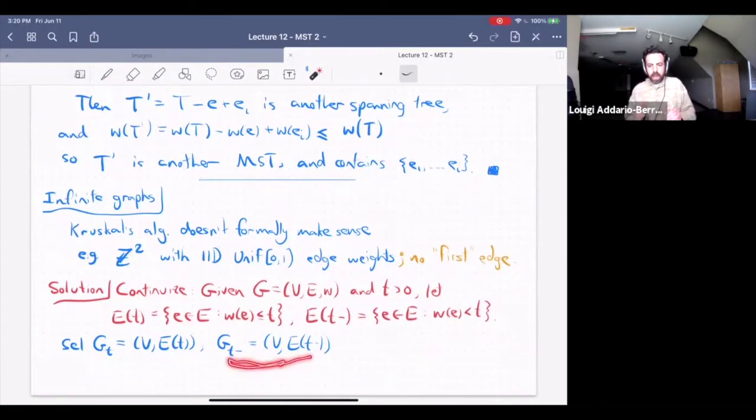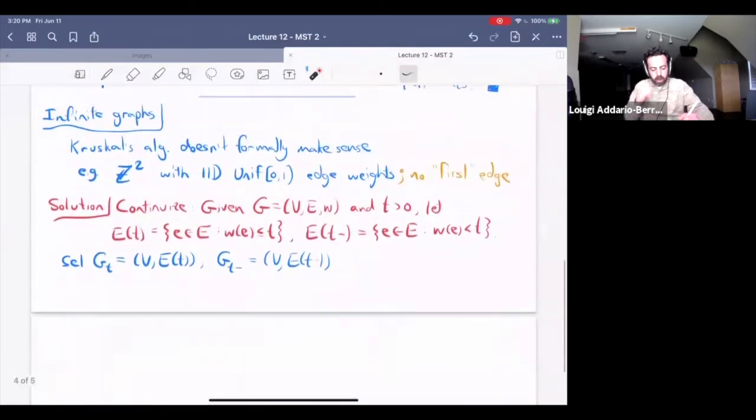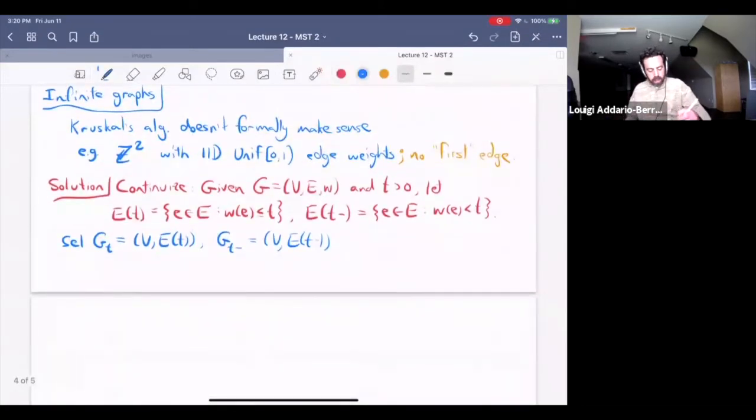This is the graph we have, and if we're going to add an edge that has weight exactly t, we would only want to do that if it joined distinct components of the graph that we had just before. That's what Kruskal's algorithm did; it just did it in discrete steps rather than continuous steps. So that's one natural way to define a spanning forest procedure.